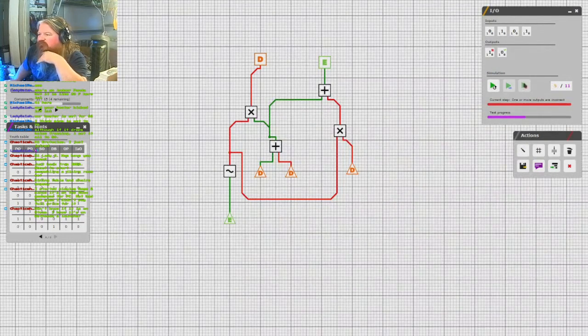Okay, stop the simulation. I hooked that wire in the wrong spot. And I need another OR gate.